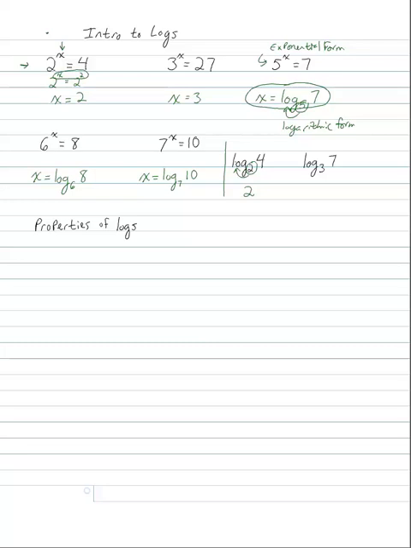Log base 3 of 7 reads 3 raised to what power gives me 7. I don't know, so I might as well just leave it like this. This would not be simplifiable. If I had log base 3 of 9, that would be 3 raised to what power gives me 9, which equals 2.